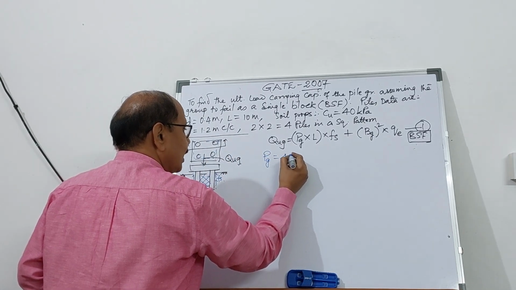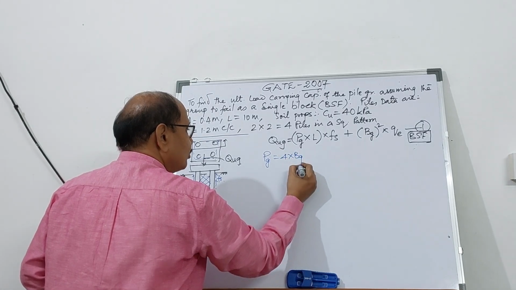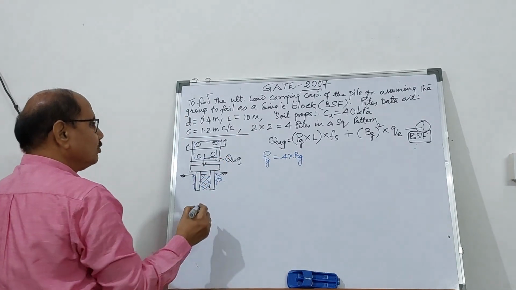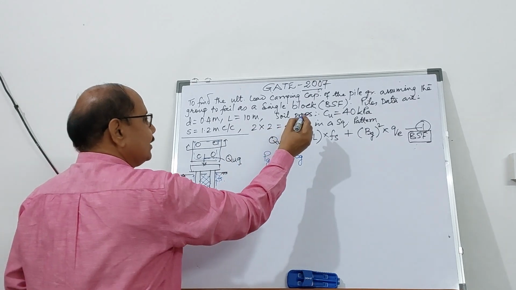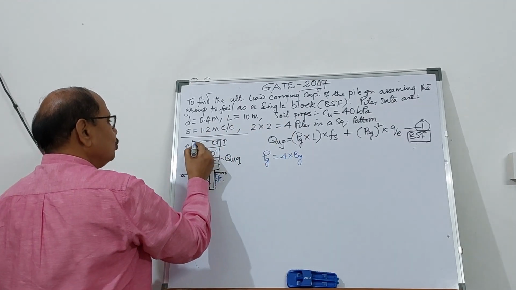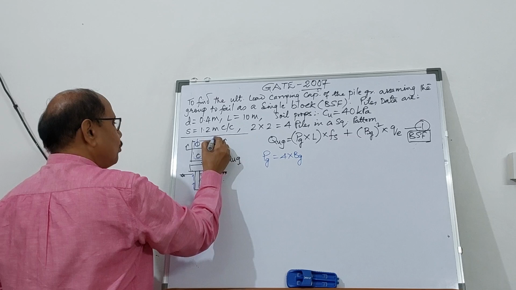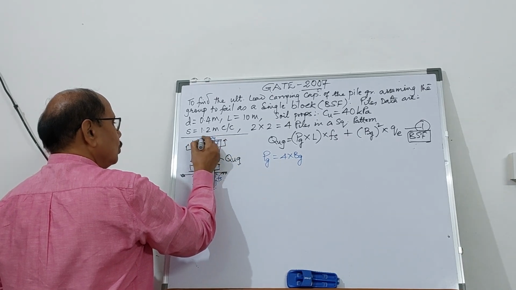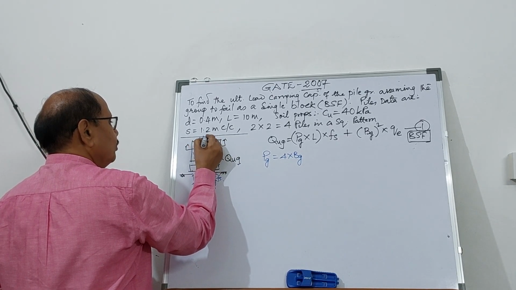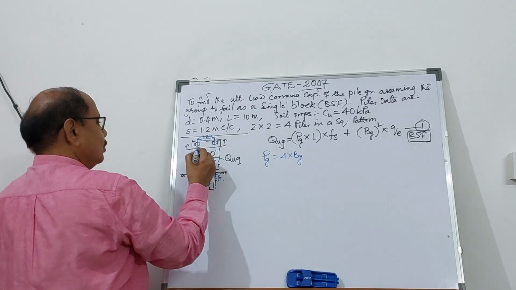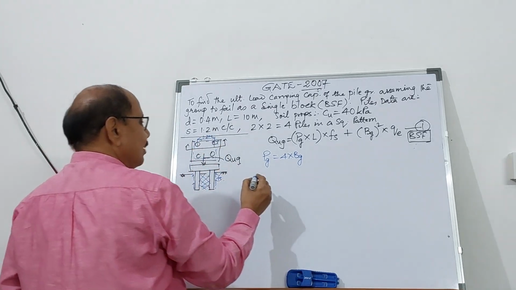It will be 4 times the width of the group. So find out the width of the group. The center to center distance is given to you as 1.2 meter, plus the diameter.